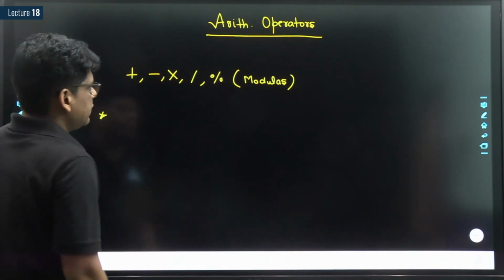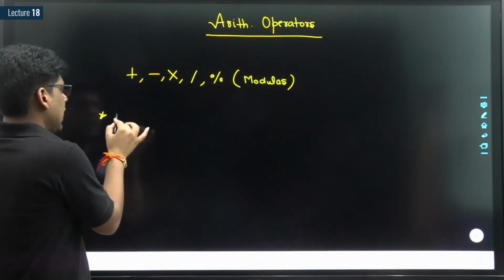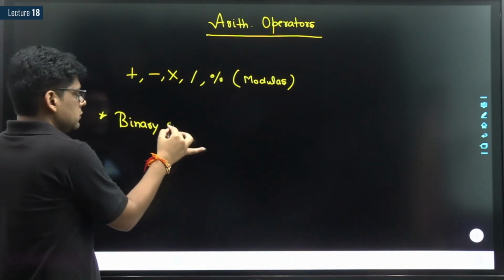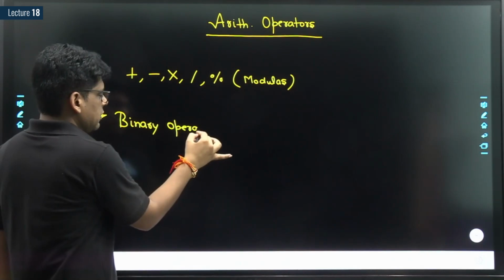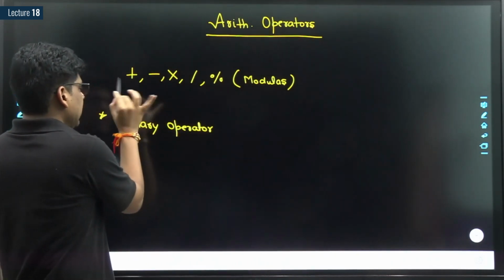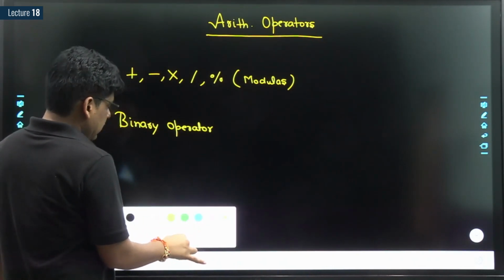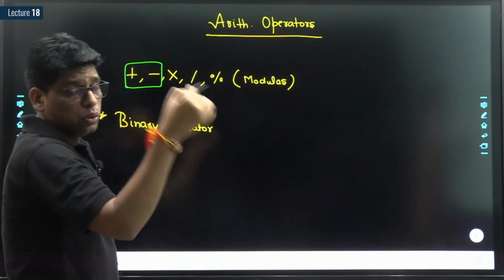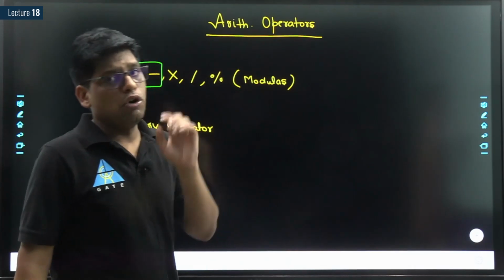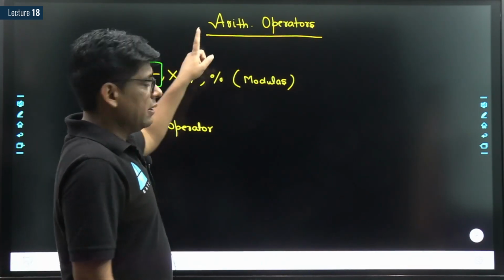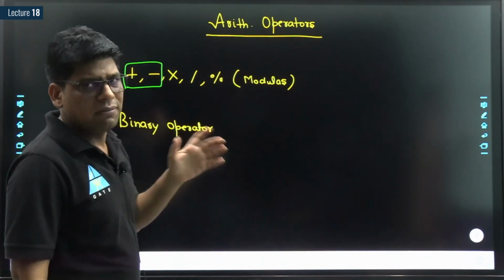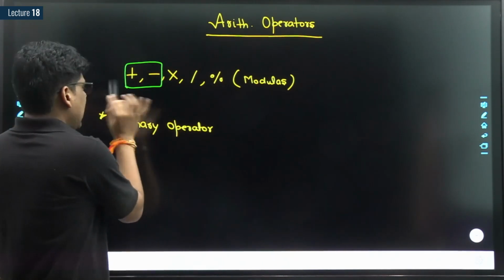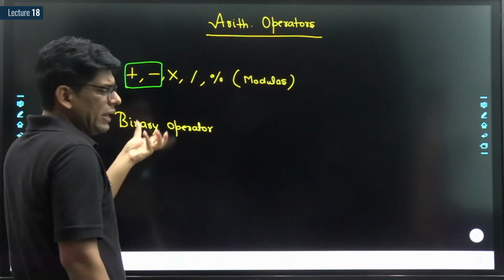Are they binary operators? Sir, if I talk about plus and minus, they could behave as a unary operator as well as a binary operator. But when I say arithmetic operator, please try to understand both things. How are you saying that it is unary as well as binary?